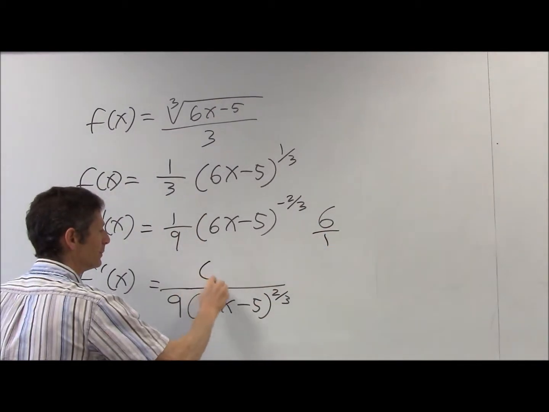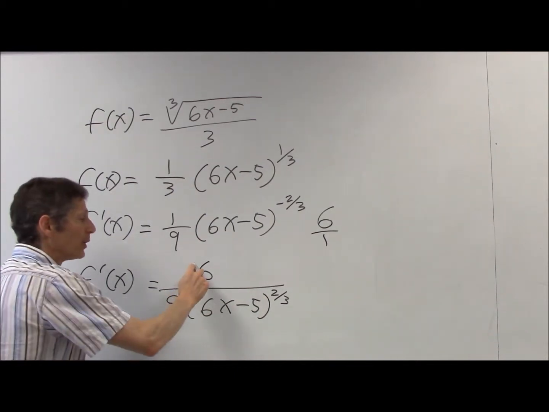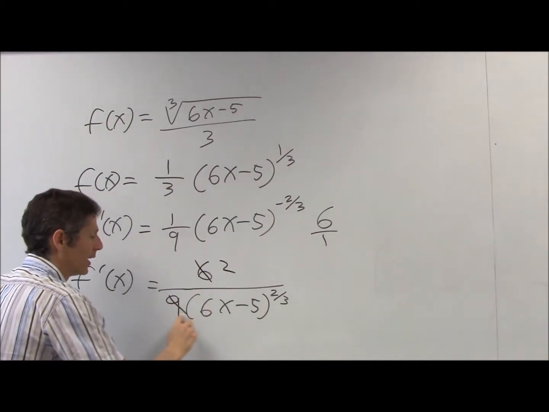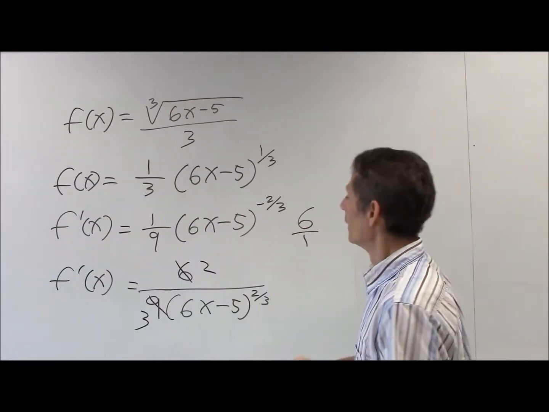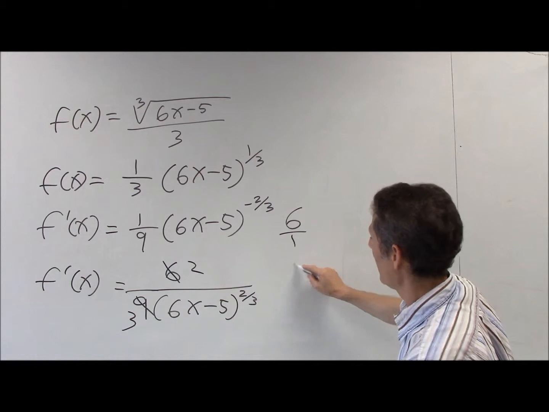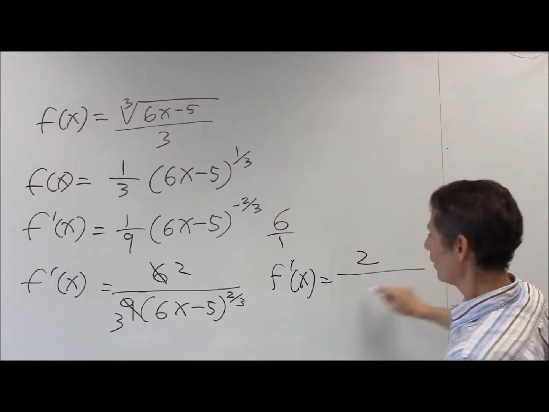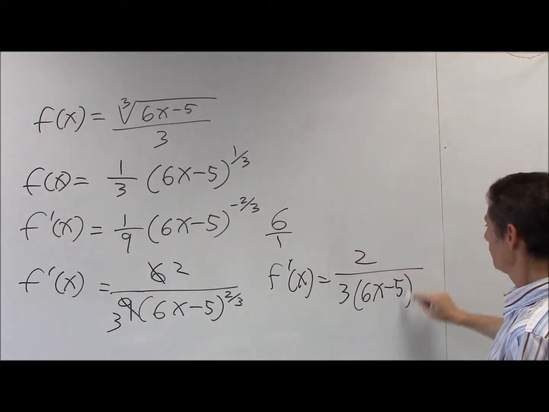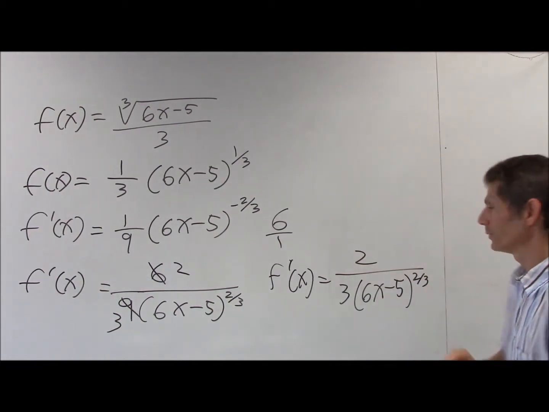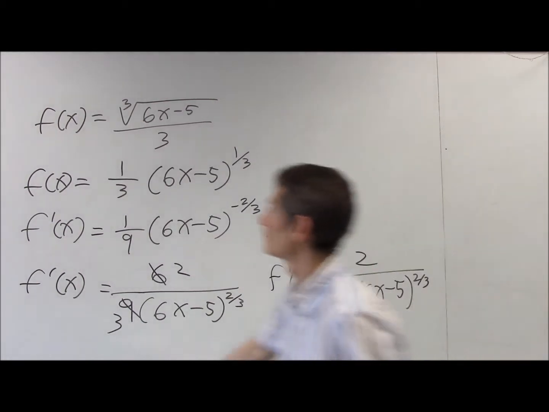Then I can simplify a little more. 3 goes into 6 twice, and into 9 three times. So f prime of x equals 2 over 3 times 6x minus 5 to the 2/3. And that's your derivative, fully simplified.